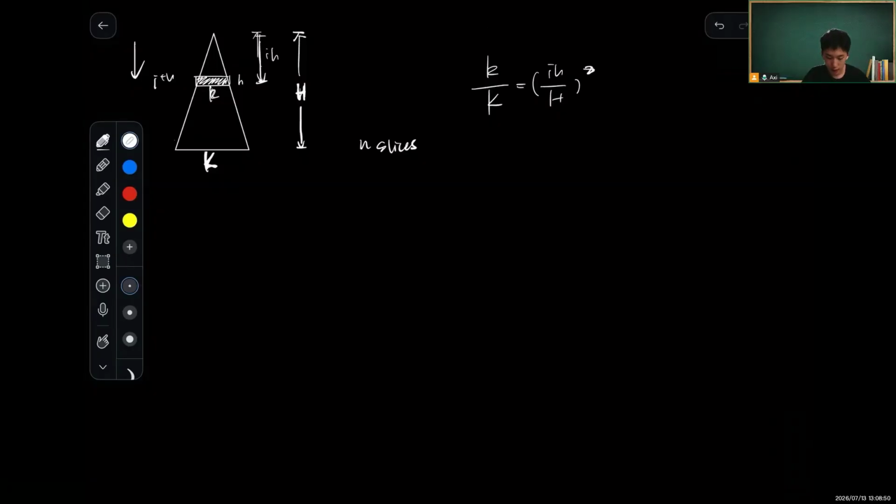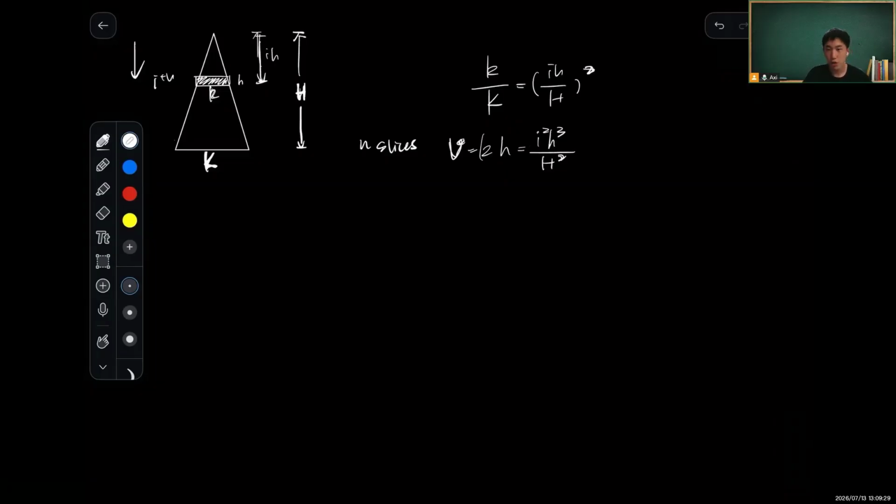After that, the volume of the ith layer can be written as small k multiplied by h, which is equal to i squared h to the third degree divided by H squared. This is the volume. Let's use small v to represent one layer.